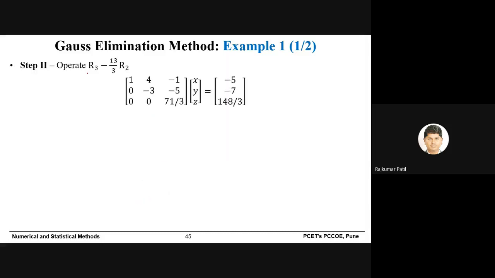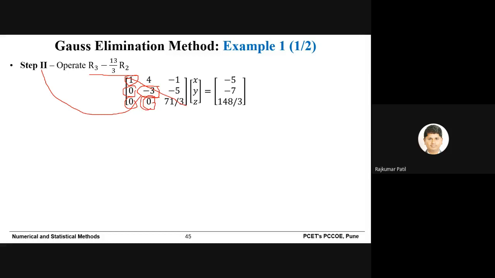Then again we perform an operation to make this particular term 0. In the previous step, 1 was your pivoting element, and in step 2, -3 is your pivoting element. Ultimately, we use the diagonal values to make the values below the diagonal 0.